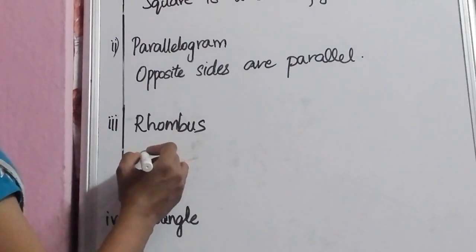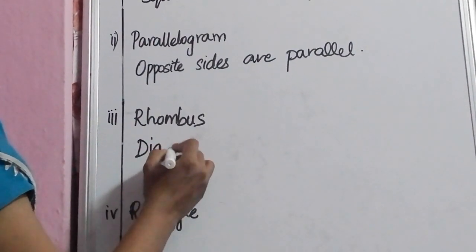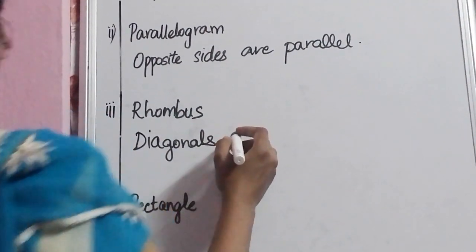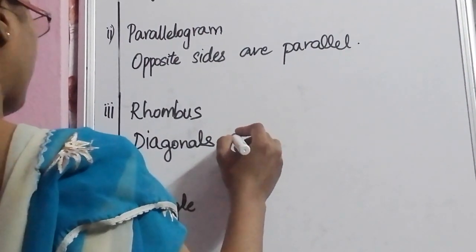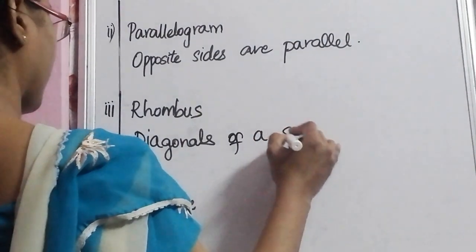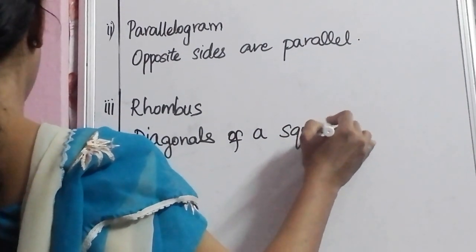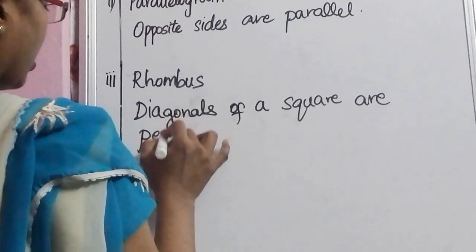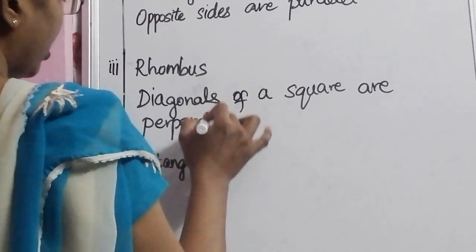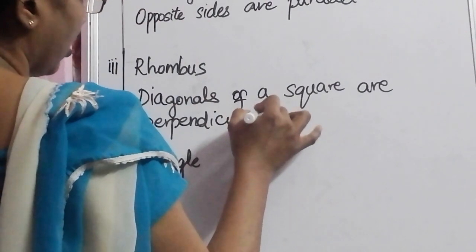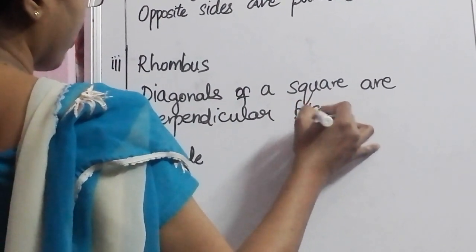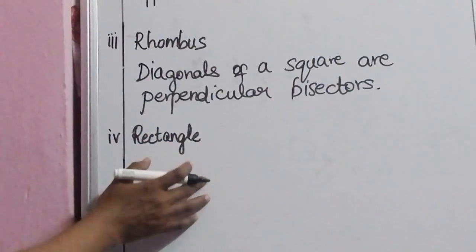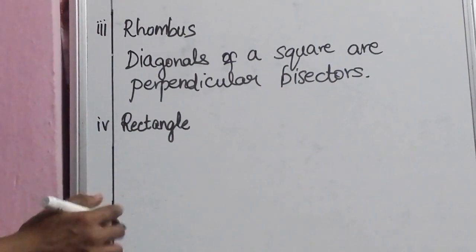It becomes a rhombus as diagonals of a square are perpendicular bisectors. Okay.